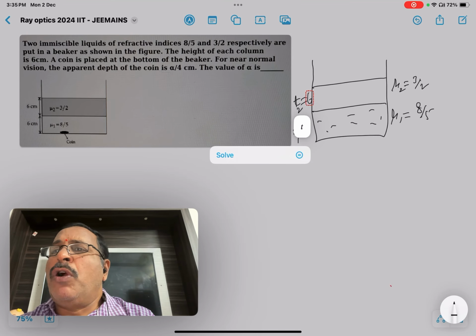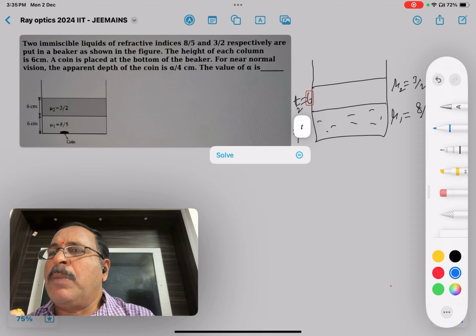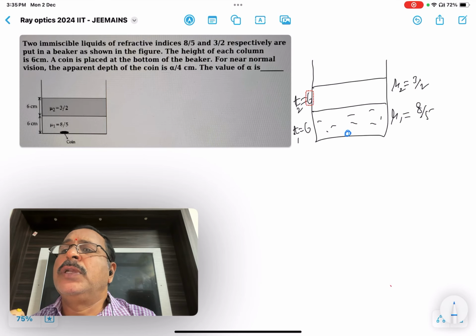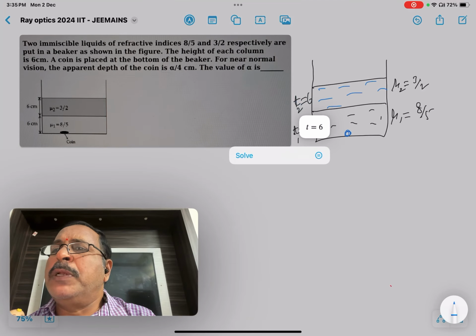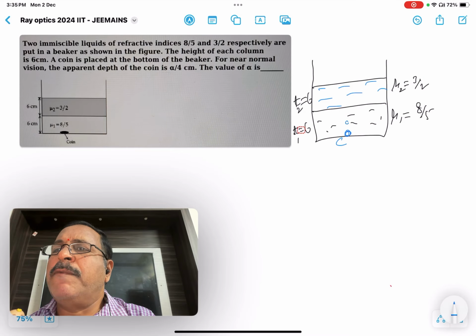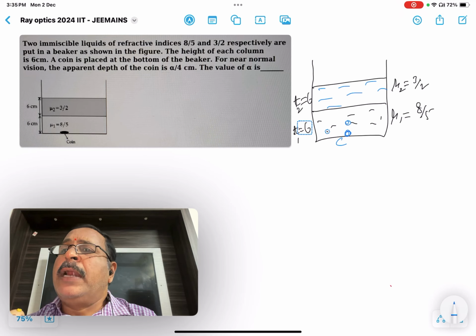The question is, a 1 rupee coin is placed at the bottom of the beaker. Due to the first liquid, it appears to be risen from C to some height, and due to the second liquid also it appears to rise. So C dash is the final position of the coin.